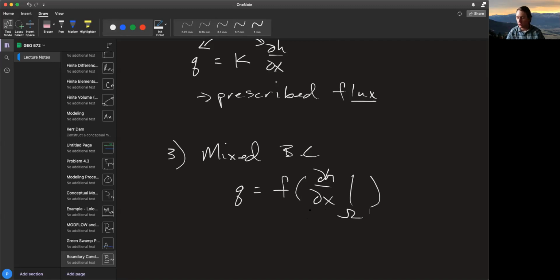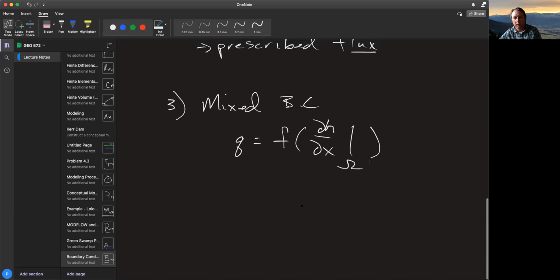And what I want to do now is talk about how we implement them in MODFLOW. So let's make a little drawing here.